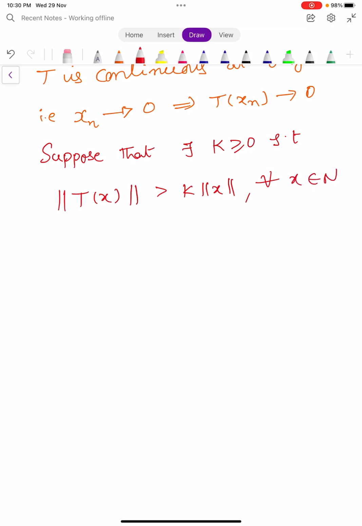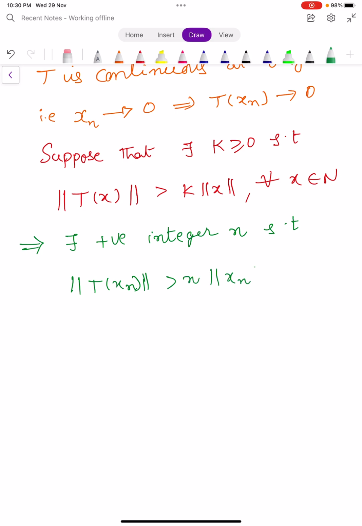From this inequality, you observe that there exists a positive integer n such that norm T of xn is greater than n into norm xn.